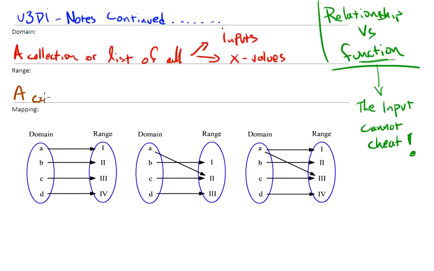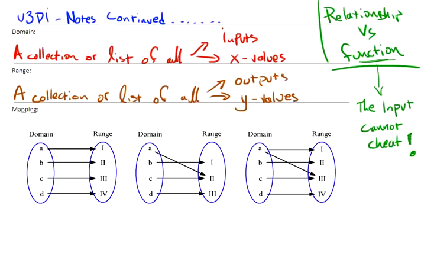So it's going to be a collection or a list of all outputs, or in other words, y values. Now down here with mapping, we have domain and we have range. So range is here and my domain is right here.